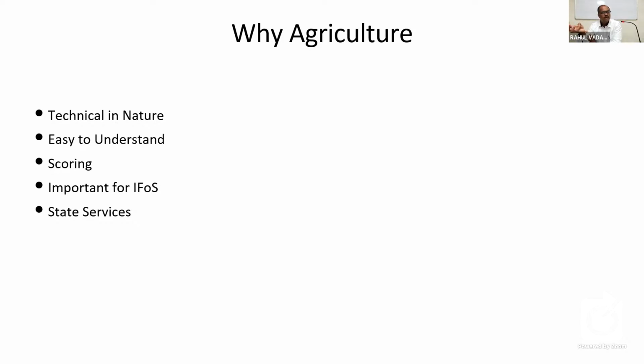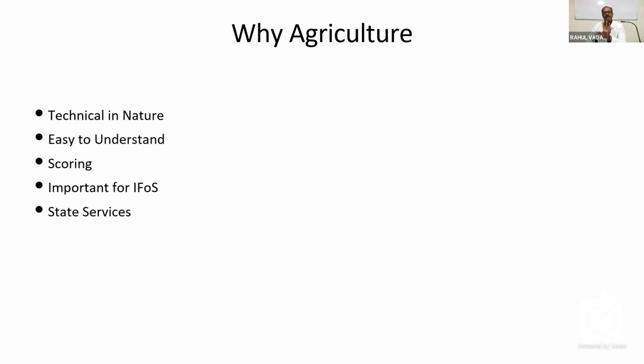For example, the disease cycle and diseases asked in botany 1 are generally studied in agriculture paper 2. Microbiology is also asked, and that will also be a part of paper 2. So it plays an important role in the IFS exam as well.